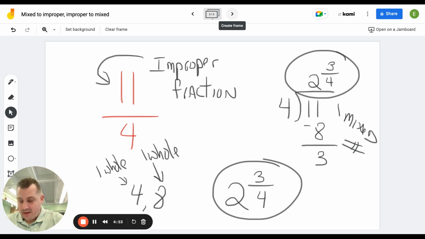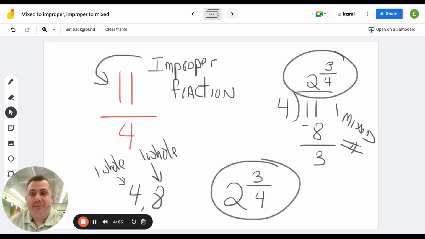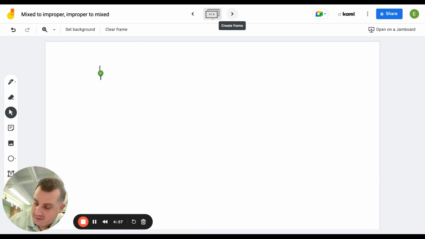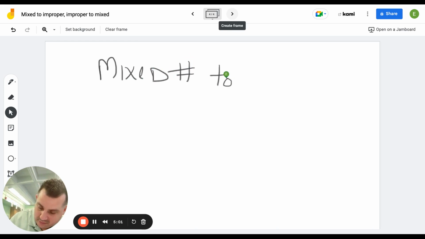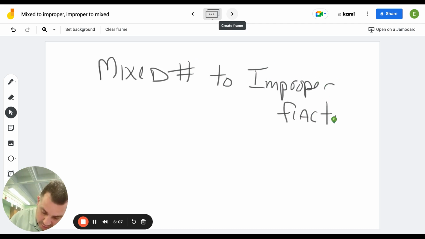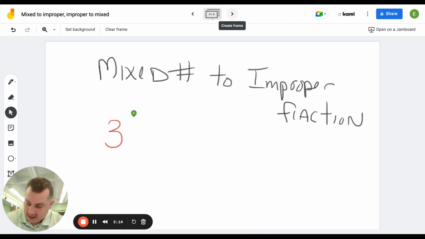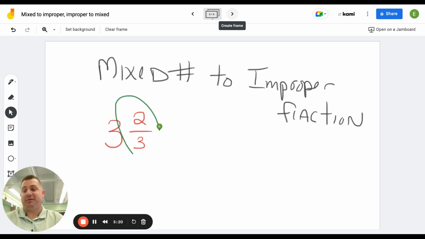Now, let's quickly go over mixed number to improper fraction. Now you're just doing the reverse. So if I start with a mixed number of, let's say, 3 2/3, that's my mixed number because I know I have the whole number and I have a fraction.